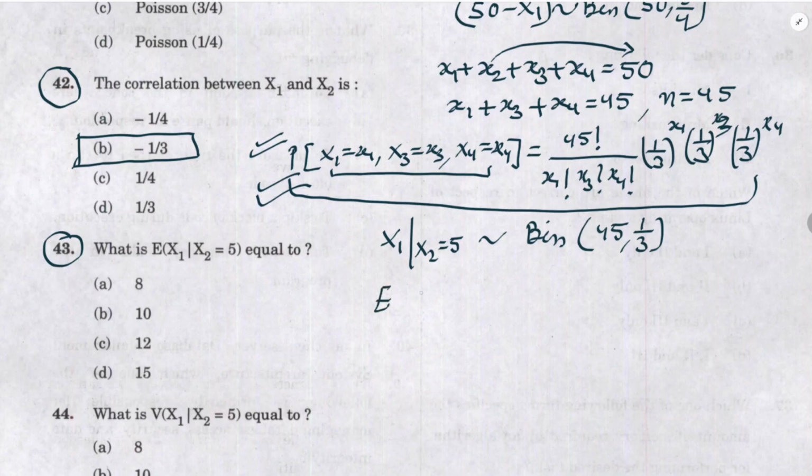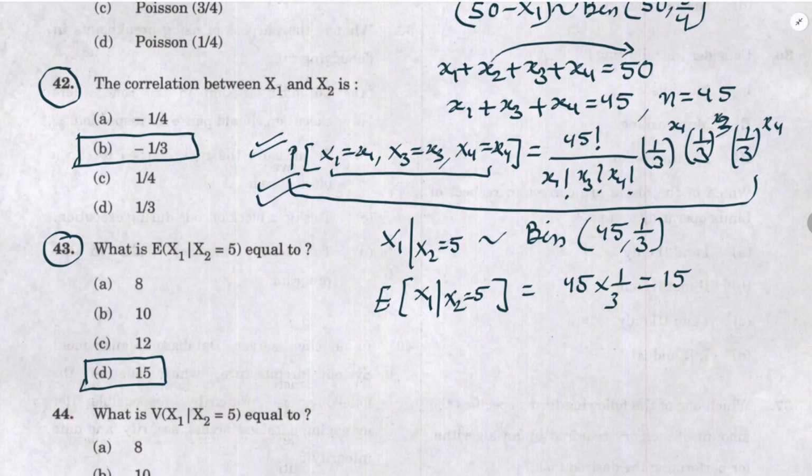So what will be the expected value of x1 given x2 equals 5? It is n into p. The value of n is 45, the value of p is 1 by 3, so n into p will be 15. So option D is correct.